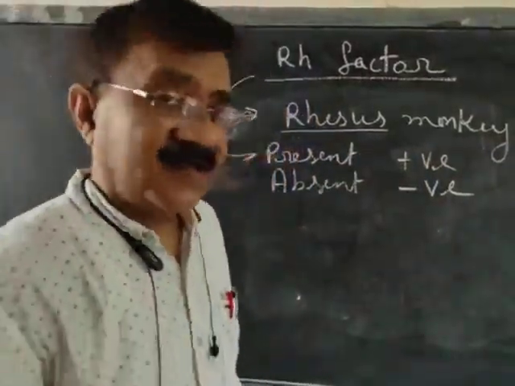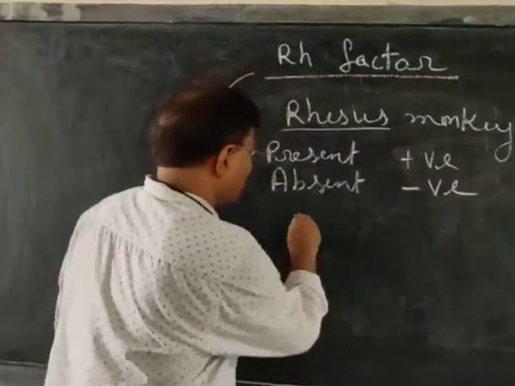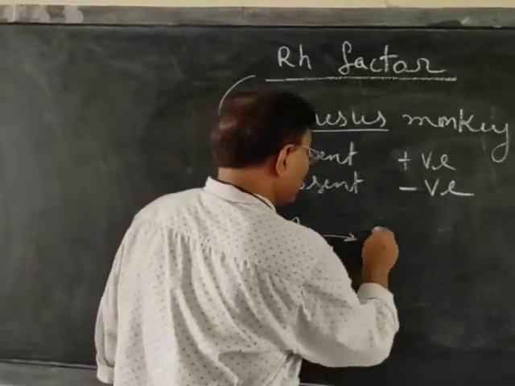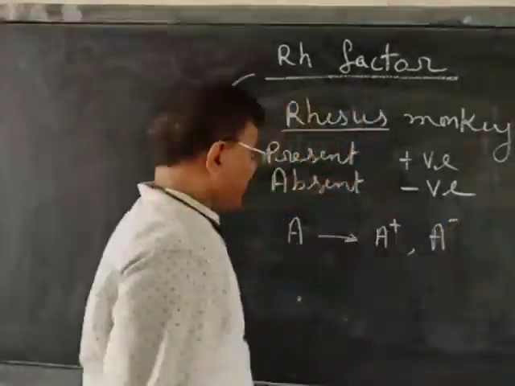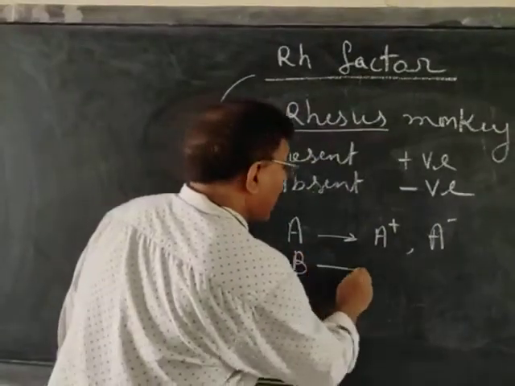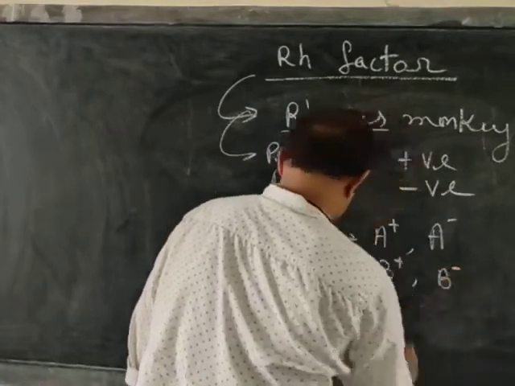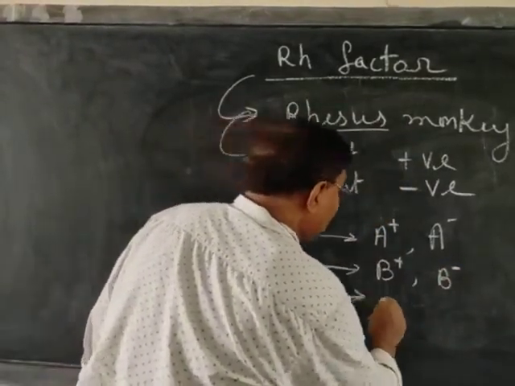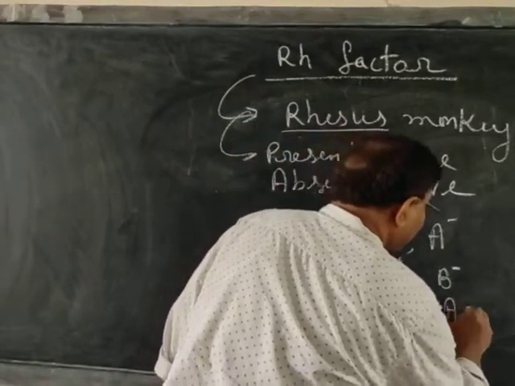It means that in all the blood groups, A is either positive or negative. In B, either positive or negative. In AB, either AB positive or AB negative.